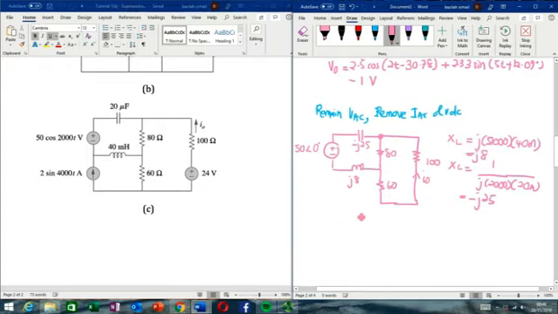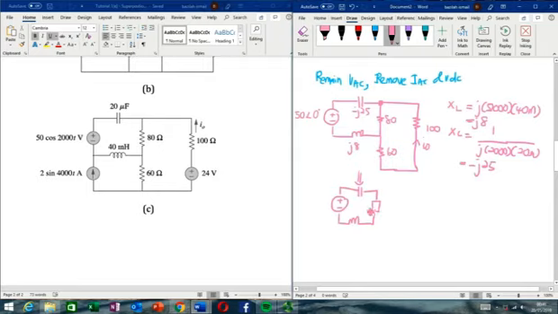So first step, calculate the voltage at this node. We have to find the parallel impedance Z parallel. So ZP is equal to 80 parallel with 60 plus 100, so 160.